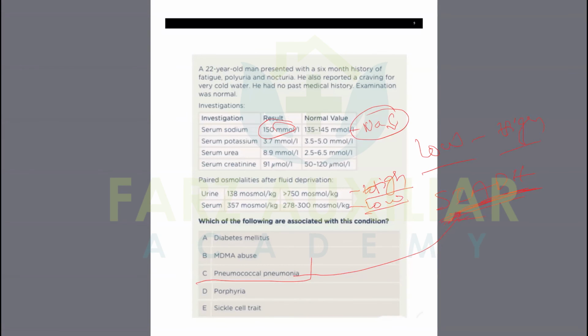So plasma osmolarity is low, then urine osmolarity is high. You should remember plasma first, then urine, so that complexities would not be present during examination. Low-high rule is for SIAD, and high-low rule is for diabetes insipidus. Then you should correlate with the causes. Okay, I think this would be easier for all of the diagnosis.